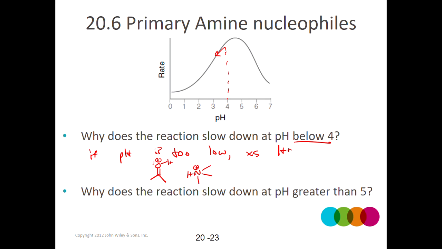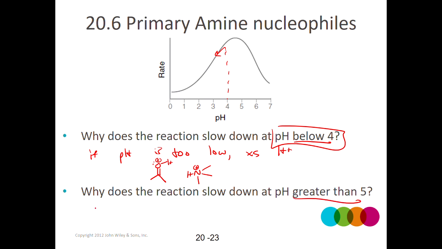And if it's protonated, it's not a nucleophile. Can't do a nucleophilic attack with a molecule that has no electrons to share. So it has to have the lone pair there. At least some of the molecules, some can be protonated, but as long as some have a lone pair, then they can attack. But if the pH gets too low, then pretty much all these get protonated and the reaction won't work.